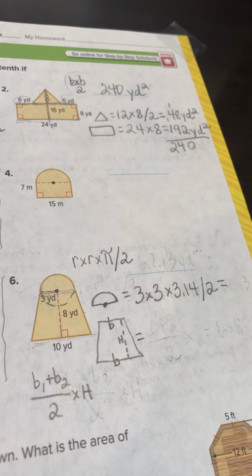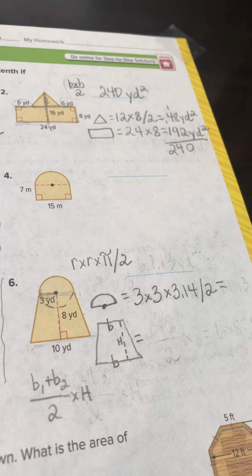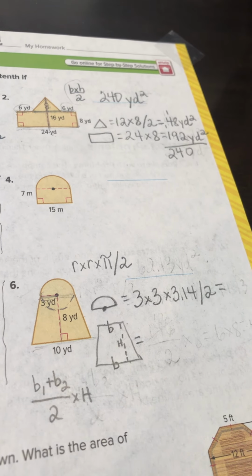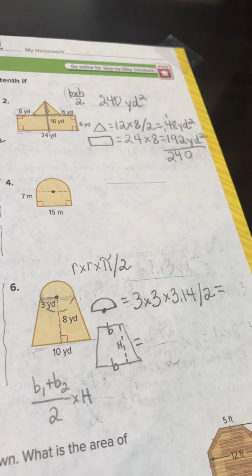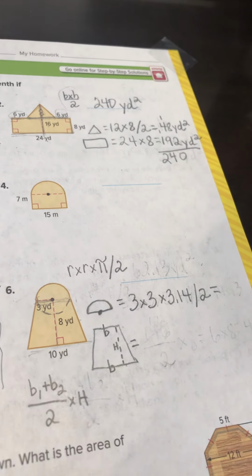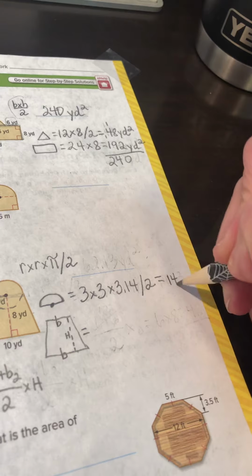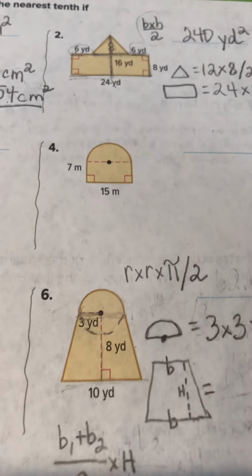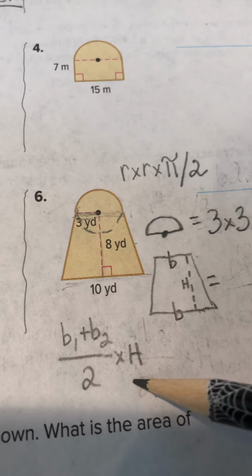So when you do all that, oops, my calculator's not on. 3 times 3 times 3.14 divided by 2, I'm getting 14.13.